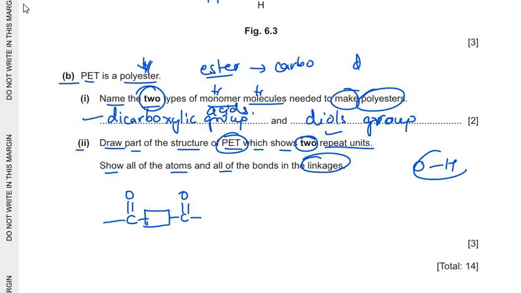Now this gets bonded with the diol group. Out of the diol group the H part is removed, so only the O of the alcohol is left. So I'm drawing that O directly here. Here another carbon chain is present attached to the diol. So here I have completed the diol, but then we are told to draw the 2 repeat units.